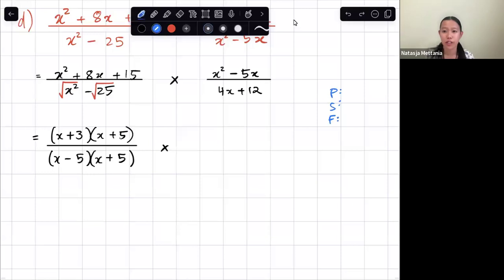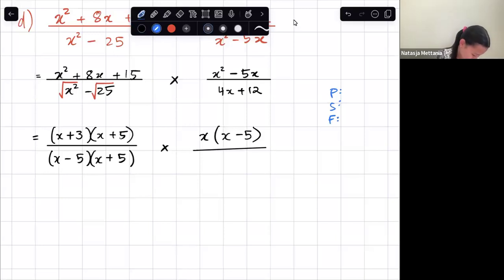So all that's left is HCF, highest common factor. Looking at x squared minus 5x, what's the highest common factor? They both share the letter x. I'm going to take it out and put a bracket. x times what gives me x squared? x. x times what gives me negative 5x? Negative 5. And that's it. That's probably the easiest one.